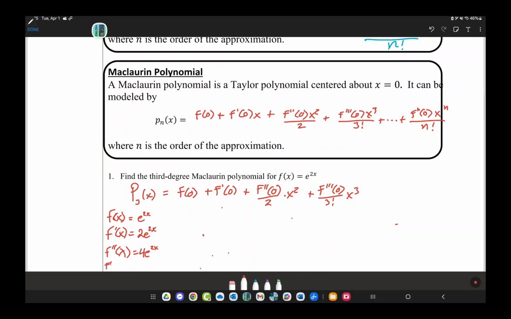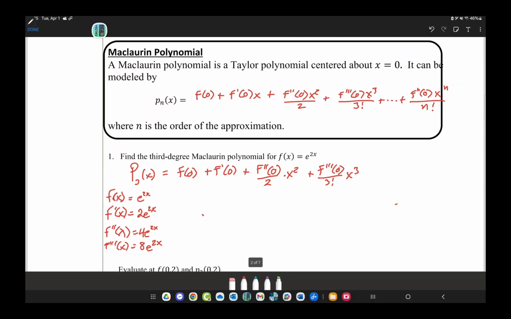And f triple prime of x? 8e to the 2x. Why do we need that? f of 0 is 1. f prime of 0 is 2. f double prime of 0 is 4. f triple prime of 0 is 8.